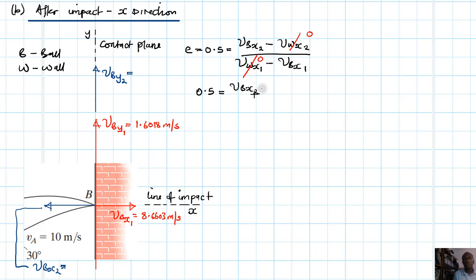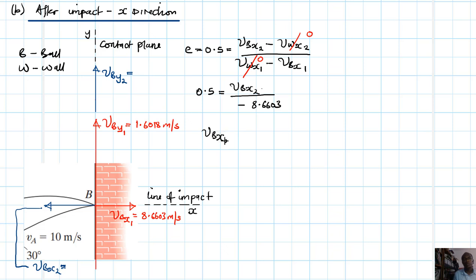Divided by V_BX1, which is minus 8.6603.